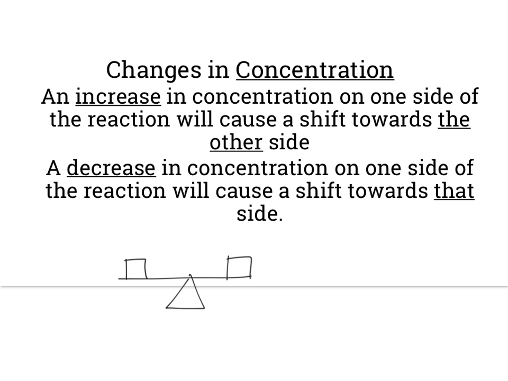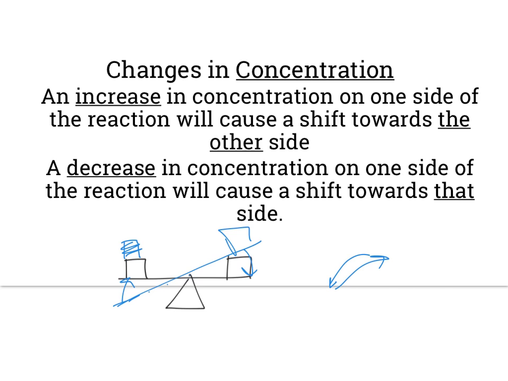So if I suddenly put, let's say, an extra block on this side, that's going to make my board start tilting because now it's heavier. If I want to stay at equilibrium, I'm going to have to either get rid of some of this or put some more over here to bring it back up. Again, if you're starting to fall this way, you're going to try to move back the other way.